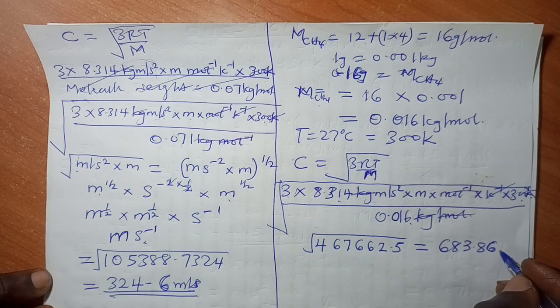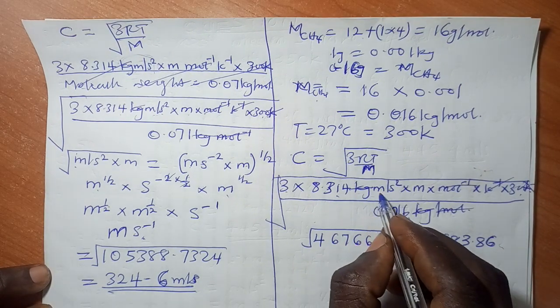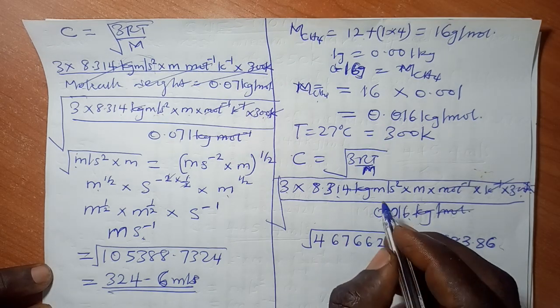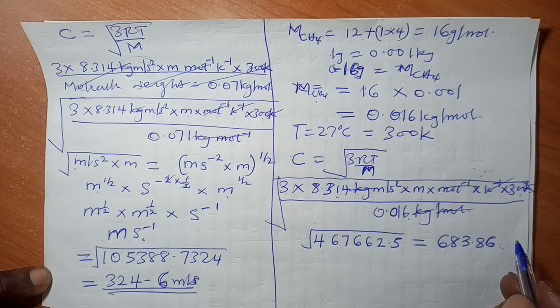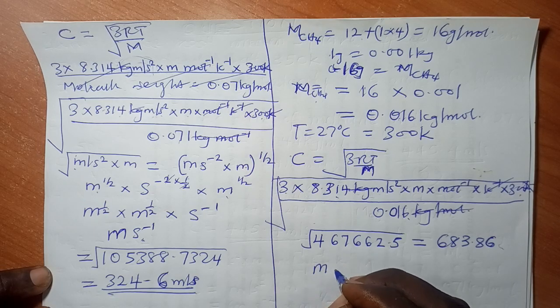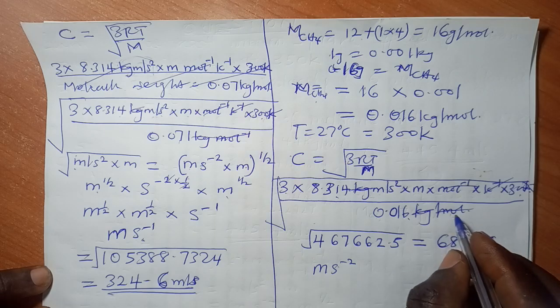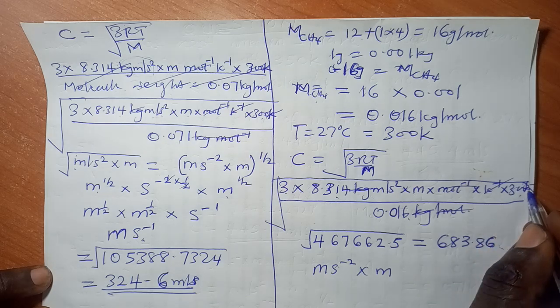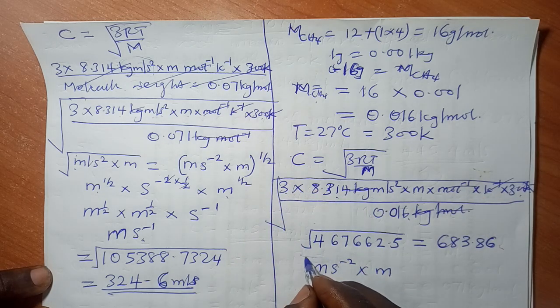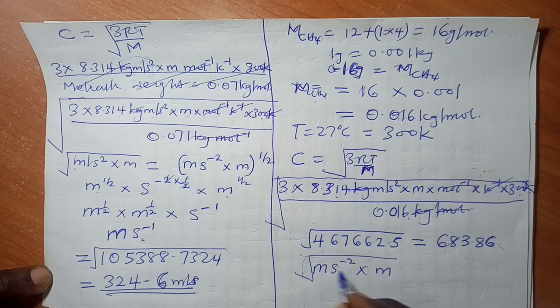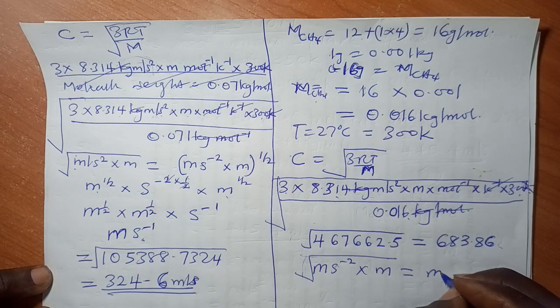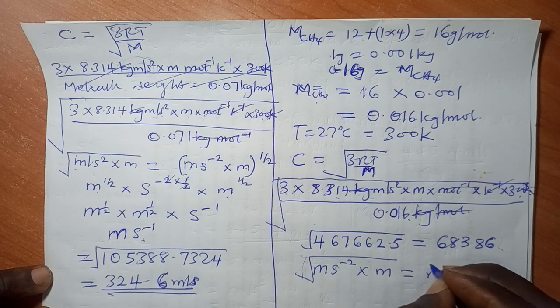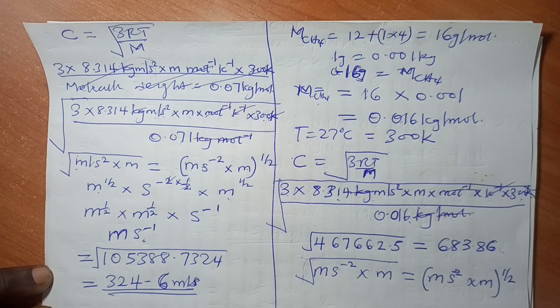So at this junction, you don't know the unit to put. So from here, you manipulate it. We have cancelled identical units. Then you have meter per second squared remaining, times this meter remaining. Remember, it's a square root like this. If you square root it, it's the same thing as meter per second squared times meter, all raised to the power of half.